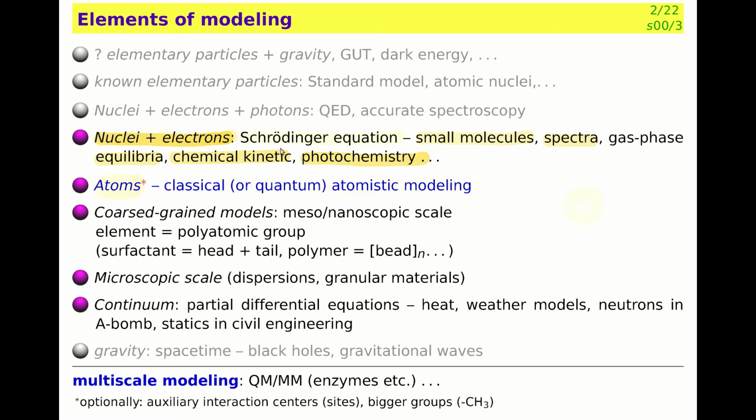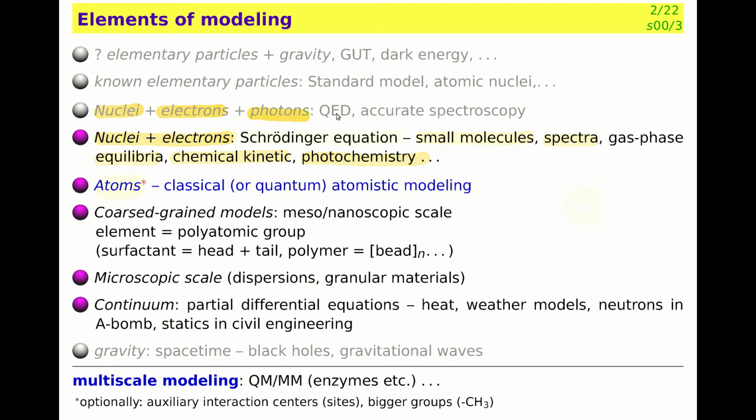We can go with dividing the world into smaller and smaller elements further. So the next level is a system where we treat our molecules or the world as composed of nuclei, electrons and photons.